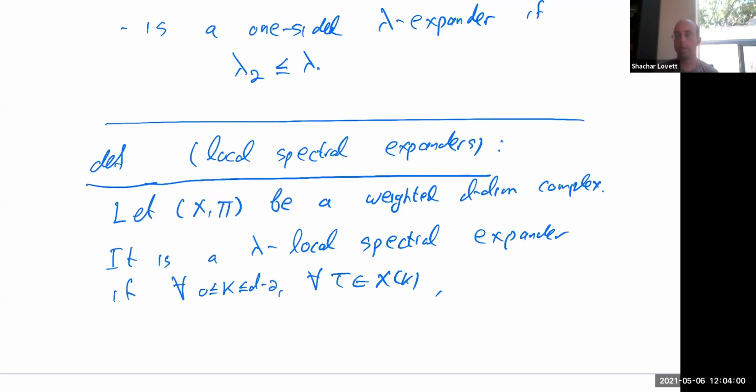That's going to be some complex, but we're just going to look on its first and second levels. So we're just going to look on the underlying graph of it. So if the underlying graph of X tau is a lambda expander.